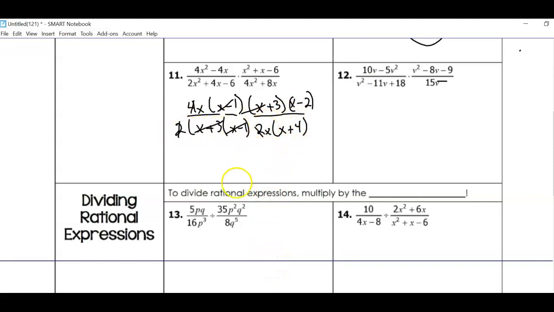What am I left with in the denominator is an x. Actually, the x cancels out here, doesn't it? So that x and that x go away. So I'm not left with anything. In the denominator, I'm left with x minus 2. In the numerator. Let's move that up. So x minus 2 divided by x plus 4.